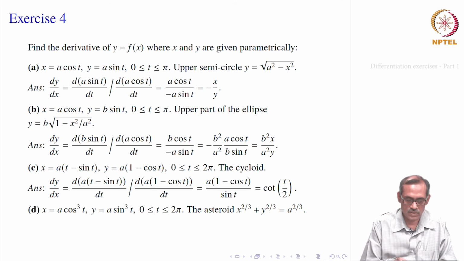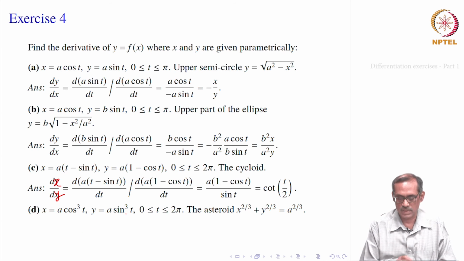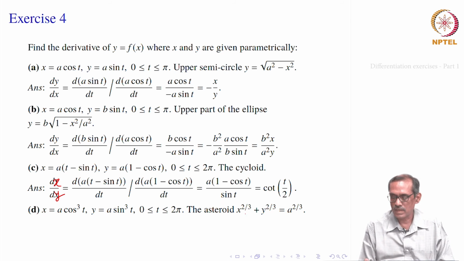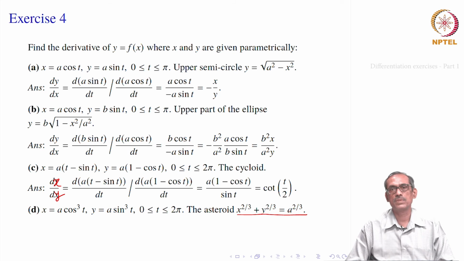So, the fourth one says that x is given as a cosine cubed t and y equal to a sin cubed t. Again t varies from 0 to 2 pi, this is called an asteroid. If you eliminate t from here, you would get the equation in this form, x to the power 2 by 3 plus y to the power 2 by 3 equal to a to the power 2 by 3.